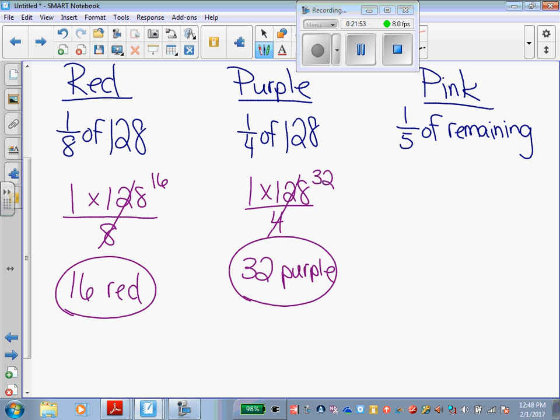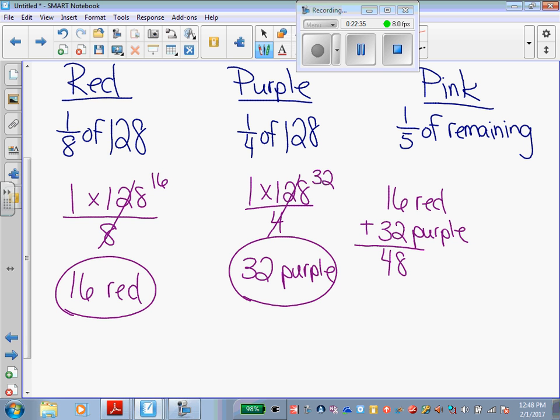How can I figure out what the remaining flowers are? The remaining flowers. Brian: You have to add 16 and 32 and subtract from 128. Very good. These brains are moving today. We have 16 red. We have 32 purple. Notice I'm using my labels. And 16 plus 32 is what? 48. So there's 48 pink? No. Is there 48 pink?